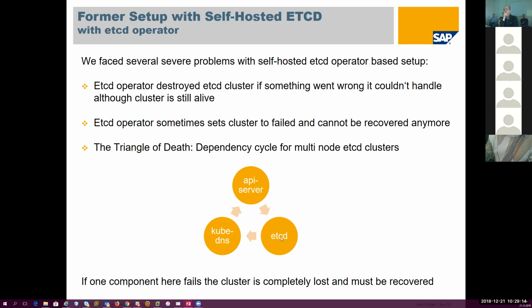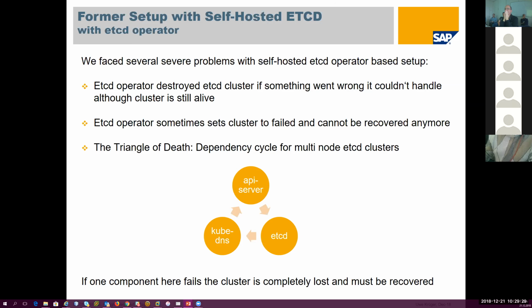So whenever one of those components fails, the complete cluster is lost. Fortunately, we always had the recovery options, so we were able to recover the cluster again, but basically this was not a final solution.